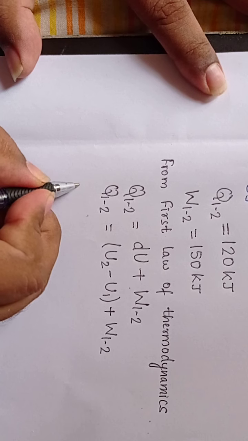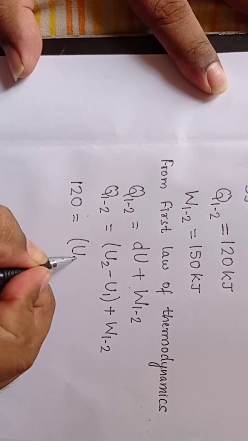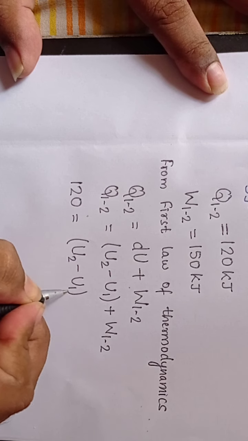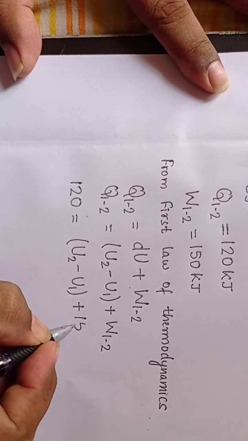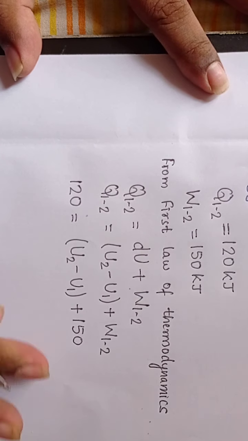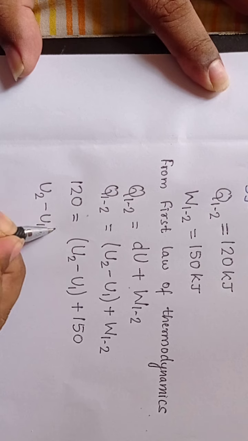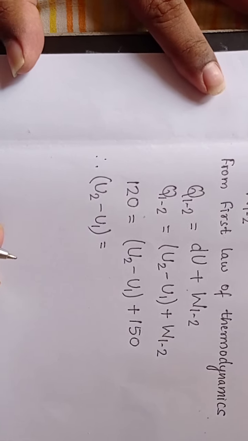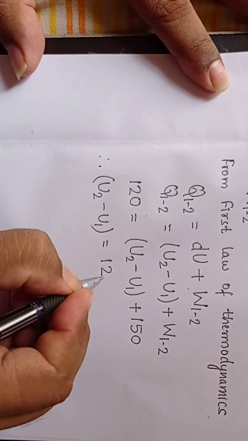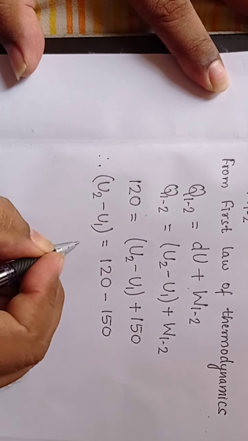So Q12 is given, it is 120. So you have to find out U2 minus U1 plus work done is again 150 kilojoules. So U2 minus U1 will be equal to 120 minus 150.